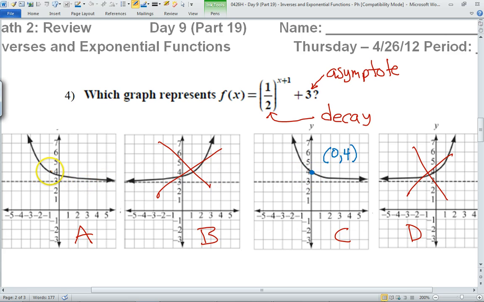On the other hand, graph A has a nice clear point at -1, 4. So if 0, 4 is on the graph, it'll be C. If -1, 4 is on the table, it'll be A. Let's see which one it is.